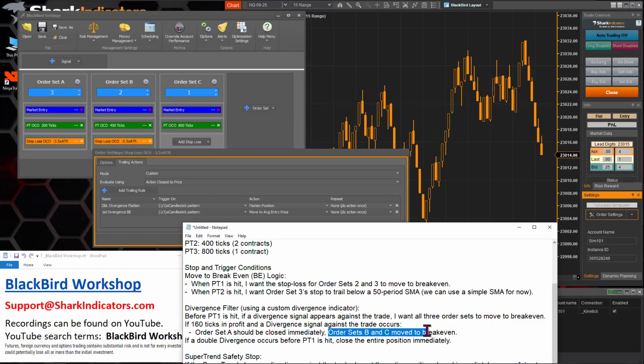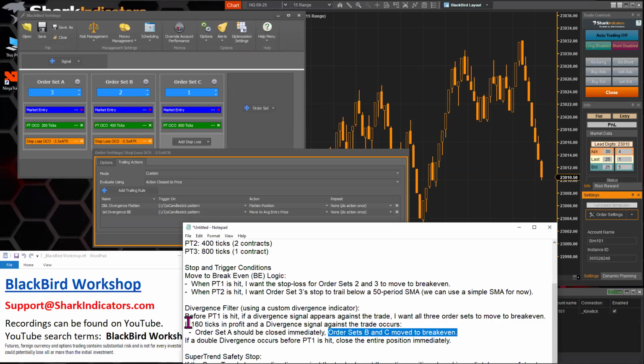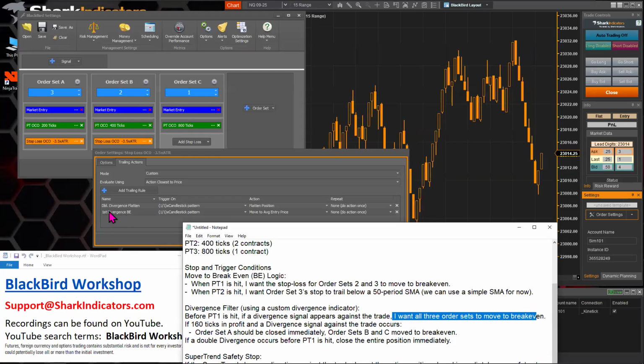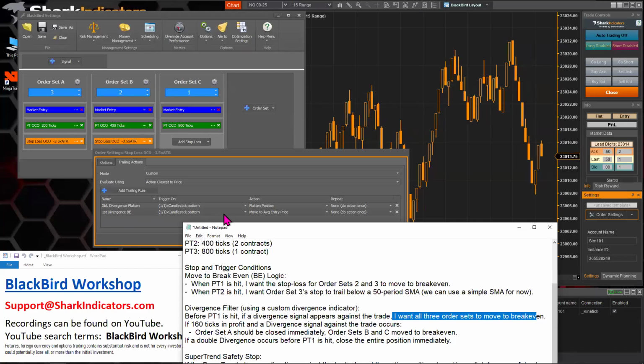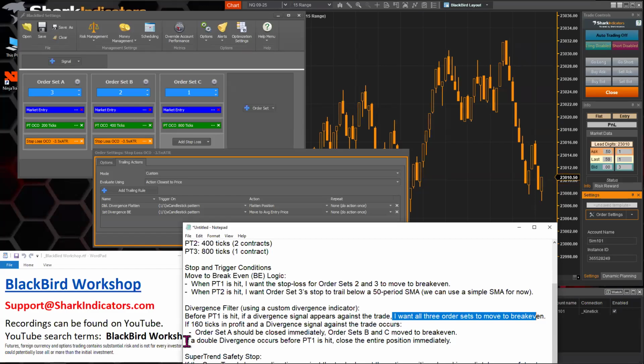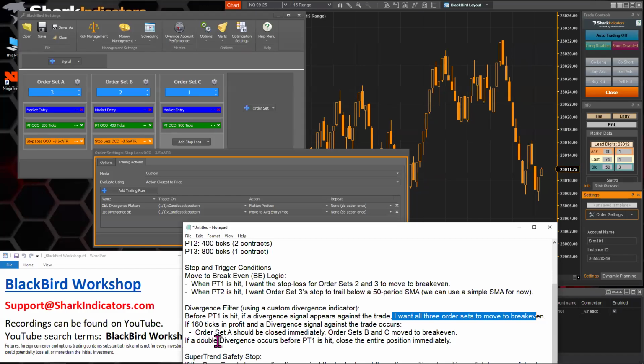Yeah, it doesn't matter if we have 160 ticks of profit or not. We're still just moving all the order sets to break even, which is what we have here. First divergence just moves to break even. And then of course, if a double divergence occurs, then close the entire position.